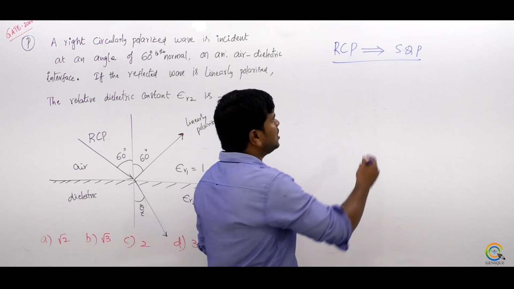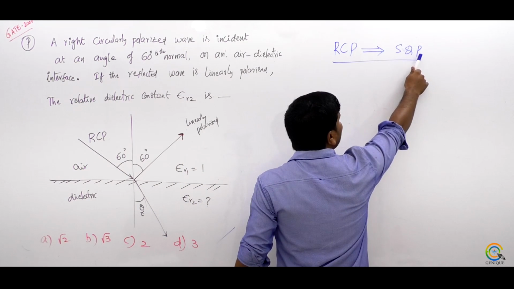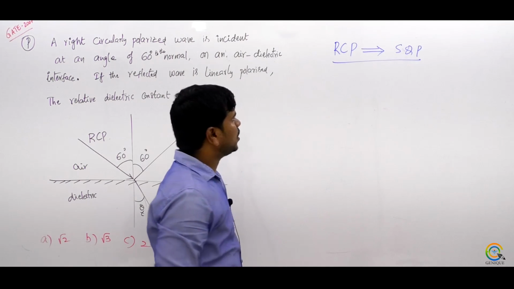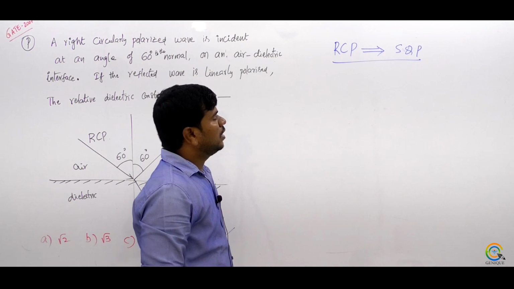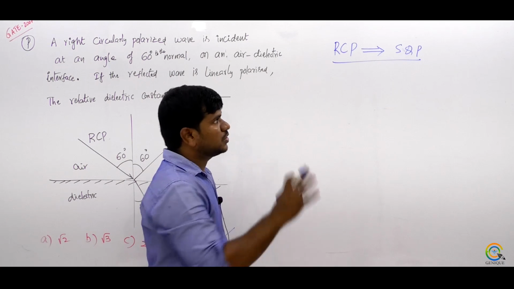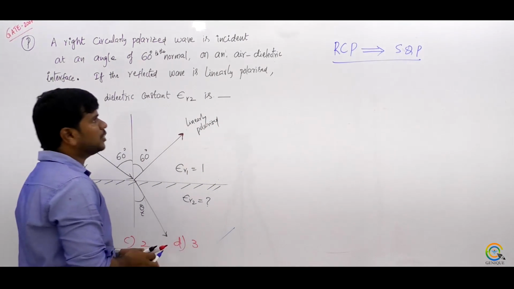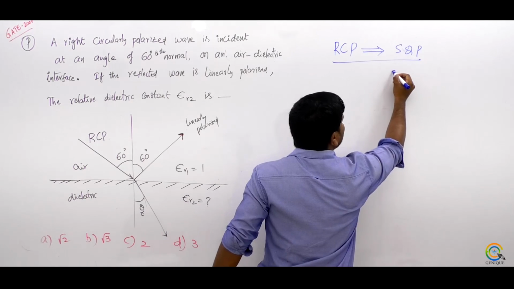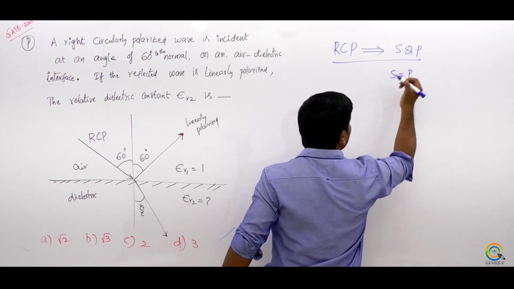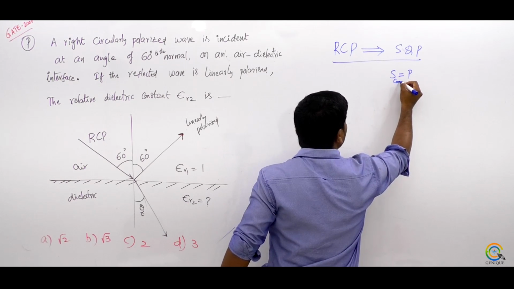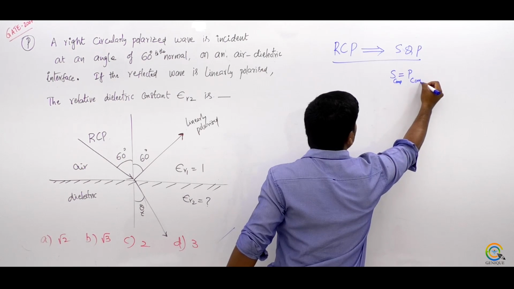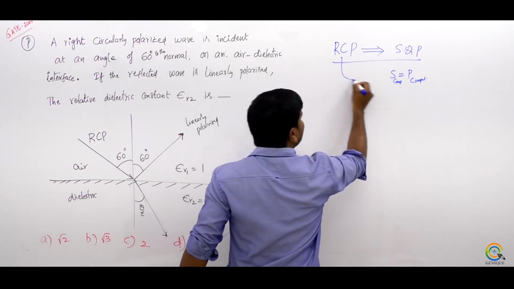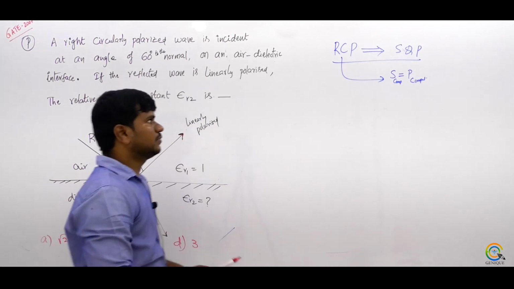So vertically polarized wave is equal to the horizontally polarized wave. Okay, so this is the thing. Now come to the question. S component is equal to P component, for a right circularly polarized wave.